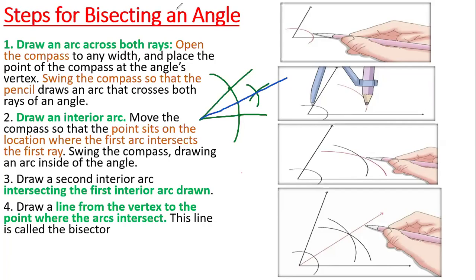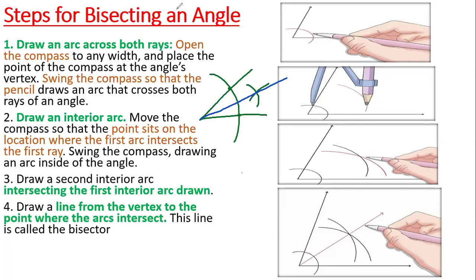Number 1, draw an arc across both rays. Open the compass to any width and place the point of the compass at the angle's vertex. Swing the compass so that the pencil draws an arc that crosses both rays of an angle. Number 2, draw an interior arc.